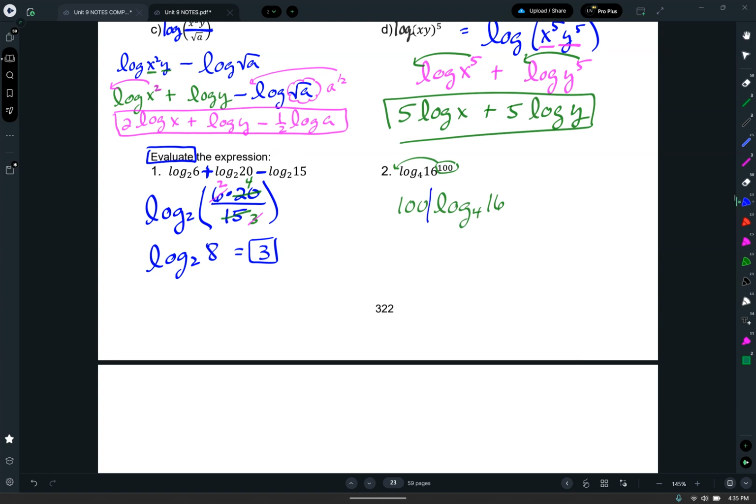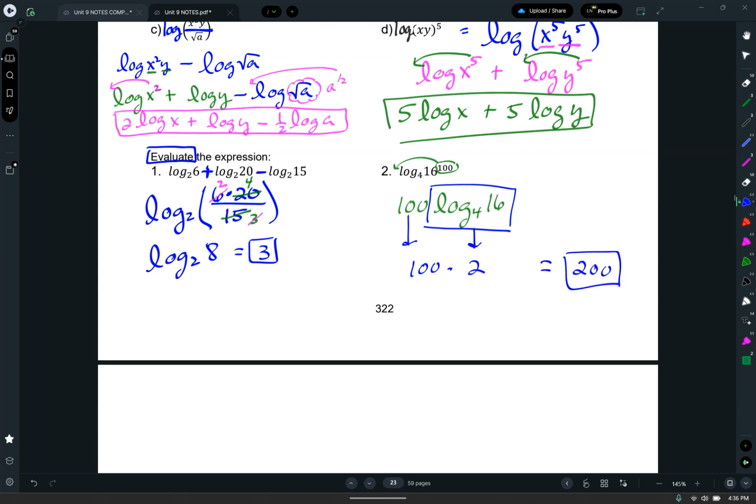Okay, well, look at this part. What is log base 4 of 16? Well, what exponent on the 4 equals 16? Wouldn't that just be 2? So that entire logarithm is just 2, and that's being multiplied by this 100 for a total of 200.